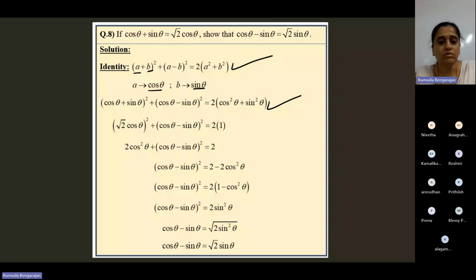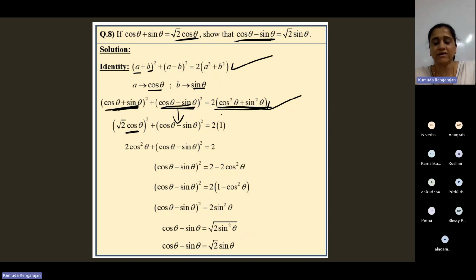Now, this one is 1. Cos square theta plus sine square theta is 1. And cos theta minus sine theta, we have to find, so this will come down as it is. Cos theta plus sine theta is root 2 cos theta. Substitute that. There are 3 expressions, 1, 2, and 3.